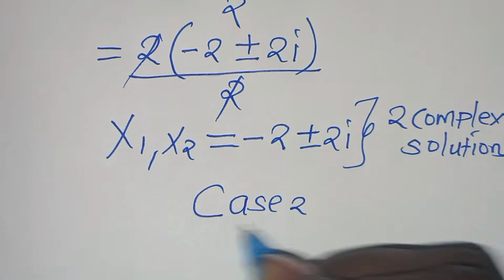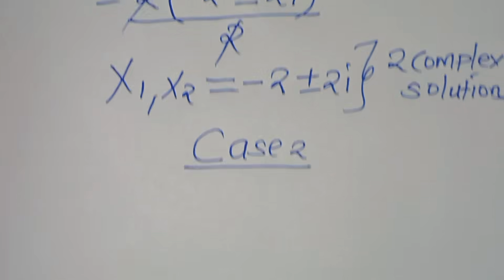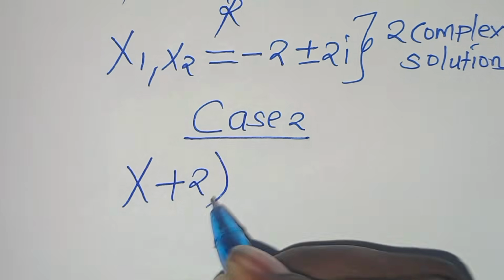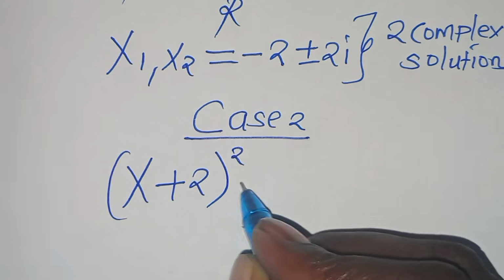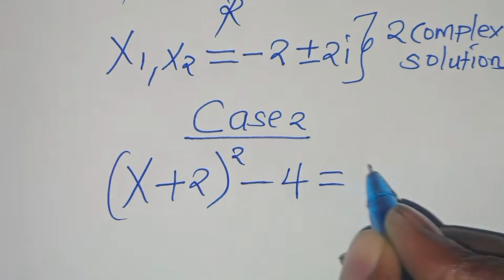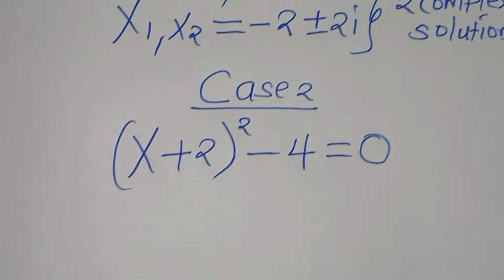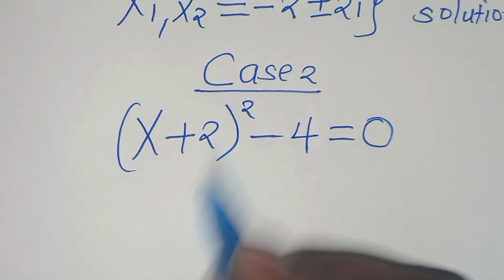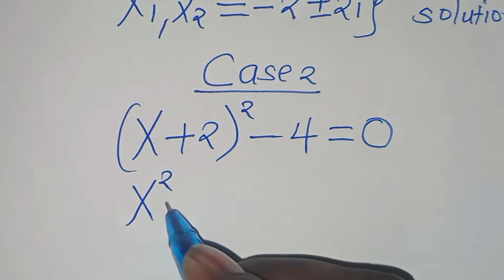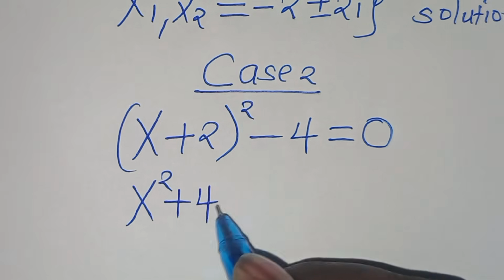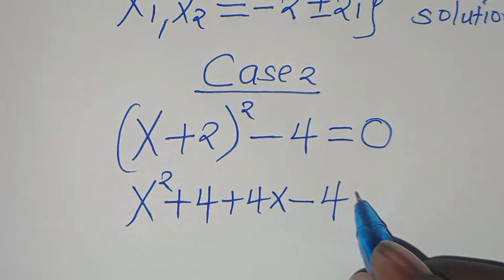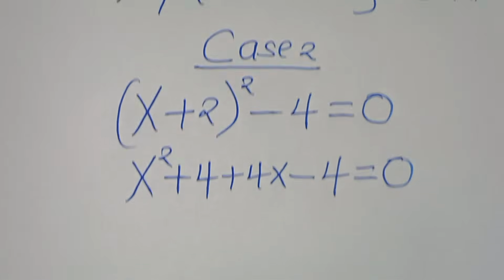Case 2. Now, in case 2, we have (x + 2)^2 - 4 = 0. So let's expand this equation. This is x^2 + 4 + 4x, subtract 4, equal to 0.